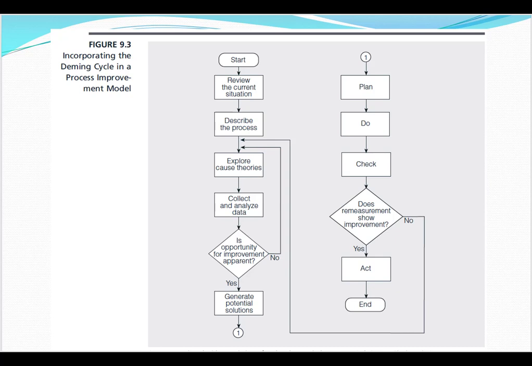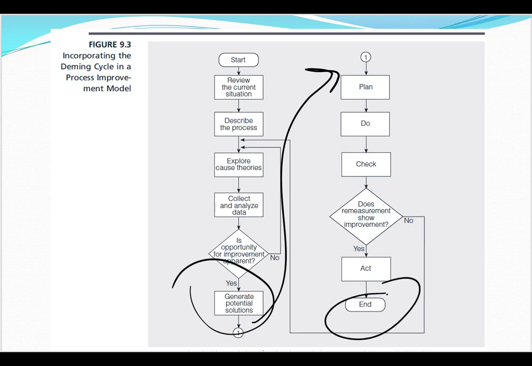So, for instance, once you go through the process and you're at the point where you must generate ideas, then the Deming cycle kicks in, and you can do the PDCA and, hopefully by then, you will have found your improvement, the method that will decrease variation or make the process lean, or whatever it is that you started out for.